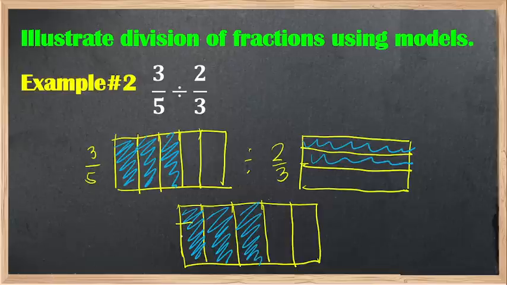We have 1, 2. And then the shaded part is equivalent to 2 equal parts. So let's use the maroon. So we have 1, 2.